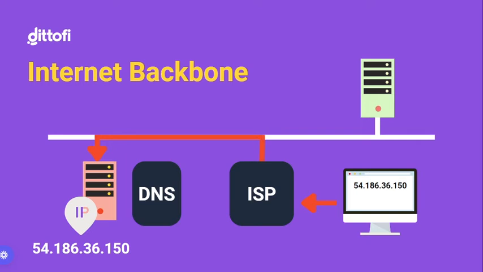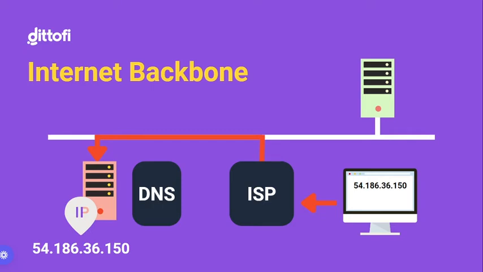This request will be made through the internet service provider, and your ISP will deliver this message via what is called the internet backbone. Now, the internet backbone might sound like a complicated bit of technical jargon, but in actual fact, the internet backbone is literally just the backbone of the internet. It is a network of undersea cables that connect all of the computers on the internet together.